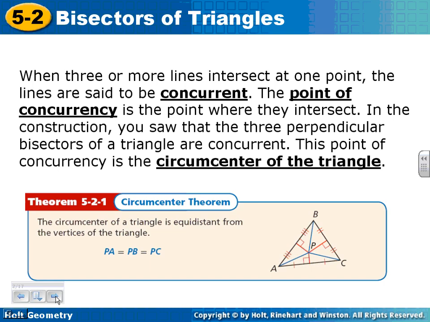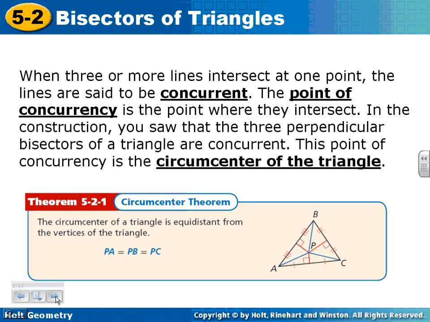When three or more lines intersect at one point, the lines are said to be concurrent. Three lines intersect at one point, the three lines are concurrent. The point of concurrency is the point where they intersect. In the construction, you saw that the three perpendicular bisectors of a triangle are concurrent.